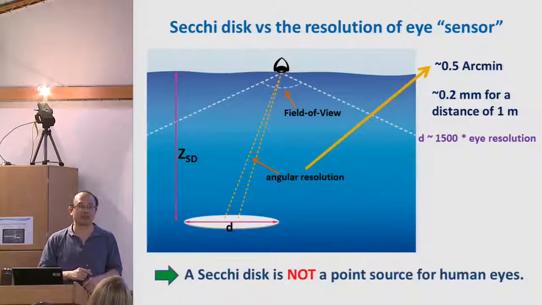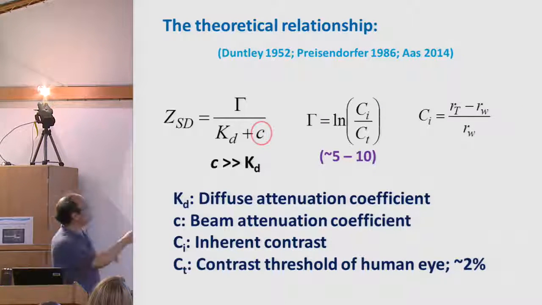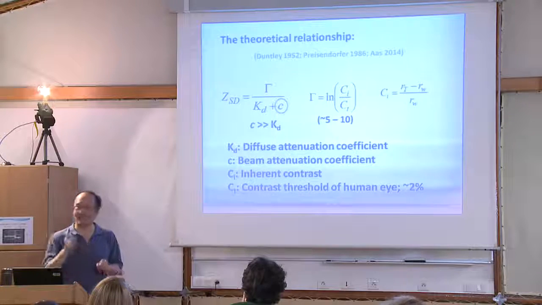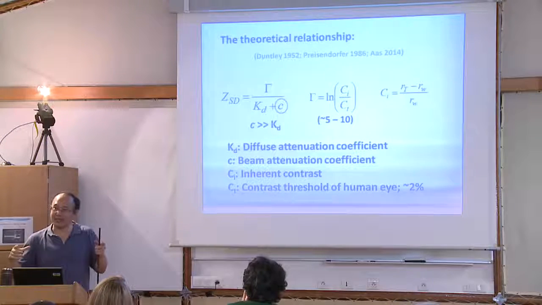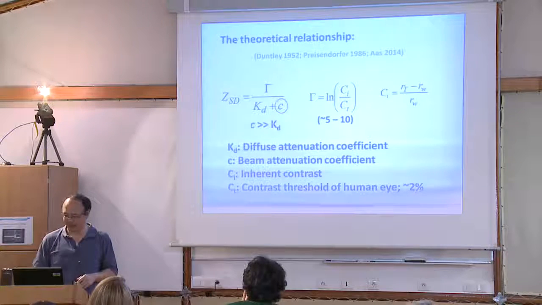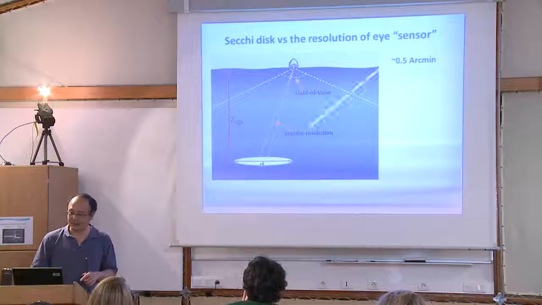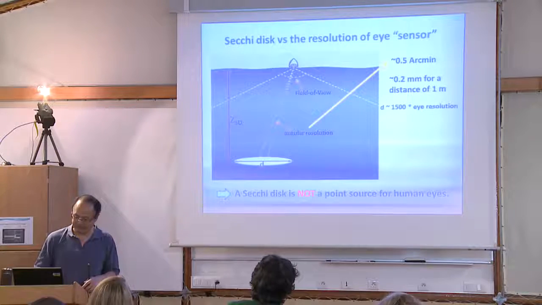But there's a historical formula. This formula treats the Secchi disk as a single point. But actually, the Secchi disk is a broad source target to our eyes. So that's why that theoretical formula isn't really correct.